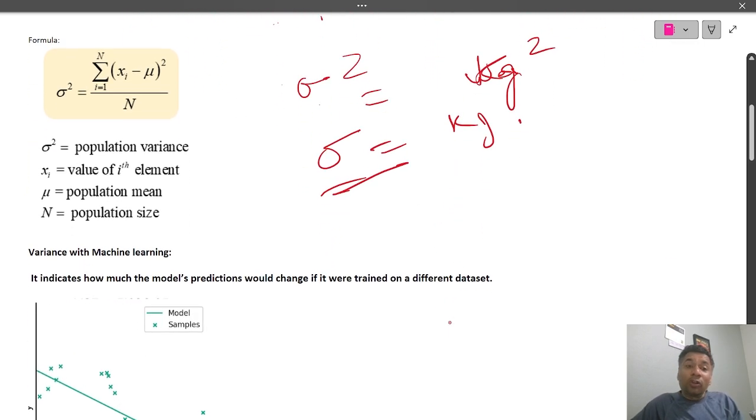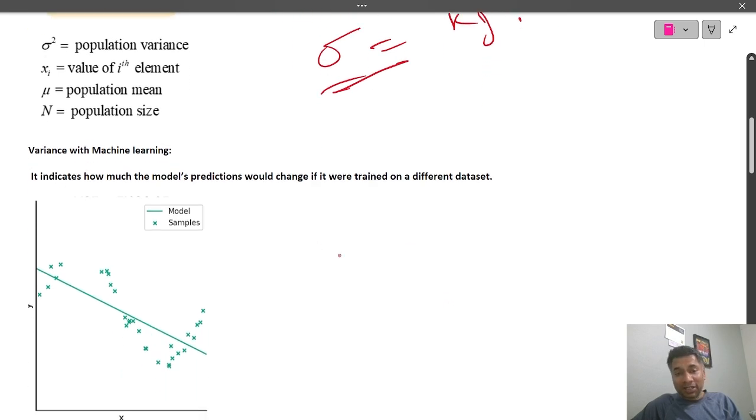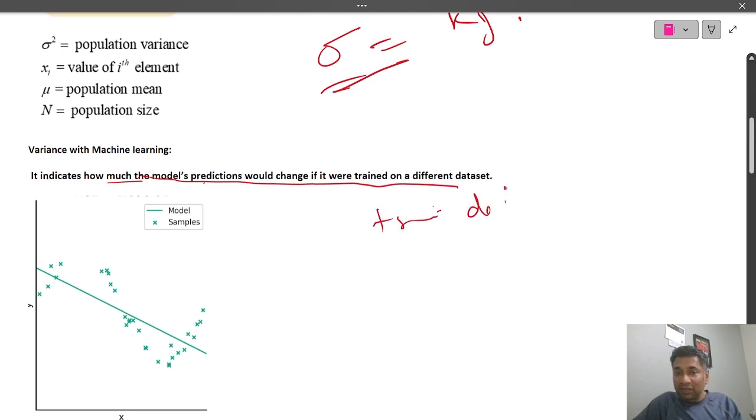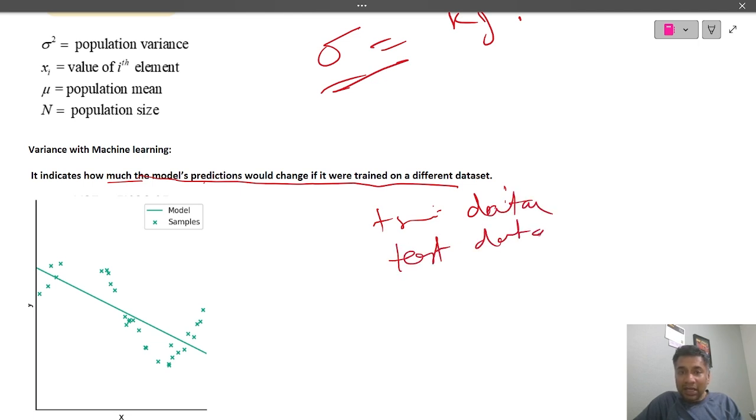Now, what is variance in machine learning? It is a bit different when we talk about machine learning. It indicates how much the model's prediction would change if it were trained on a different data set. So let's say we have a training data and we have a test data, right?